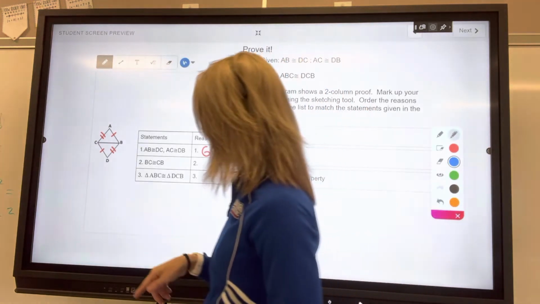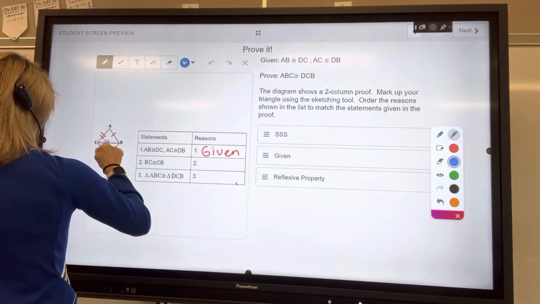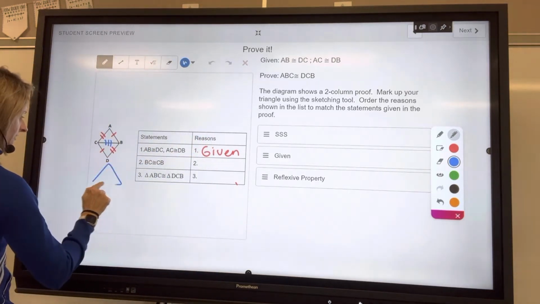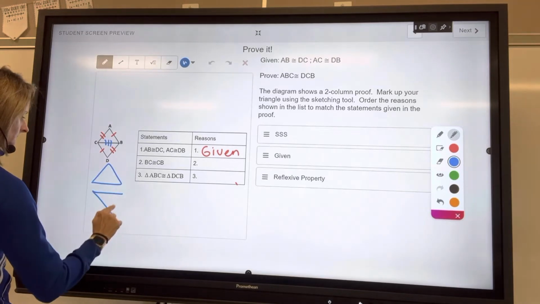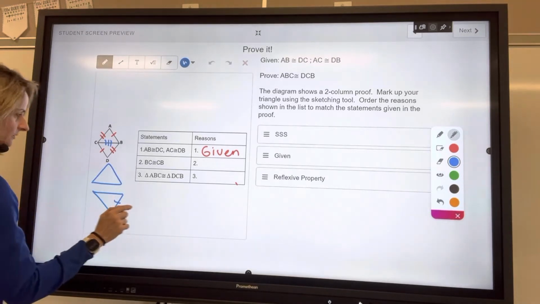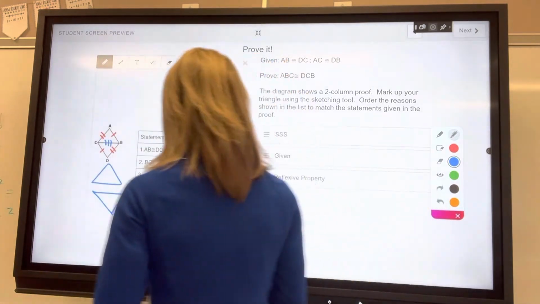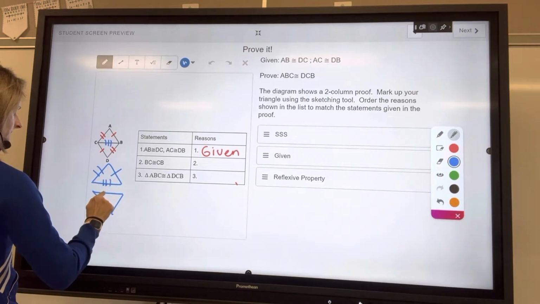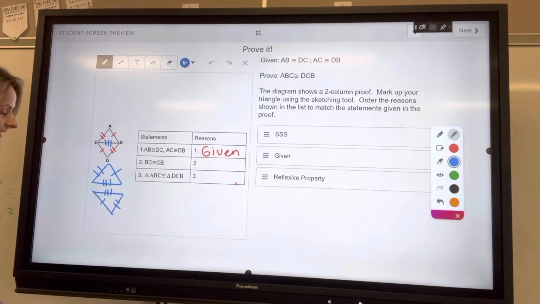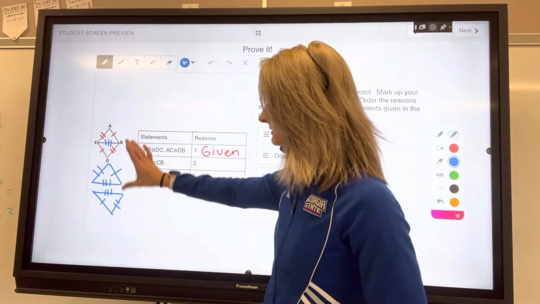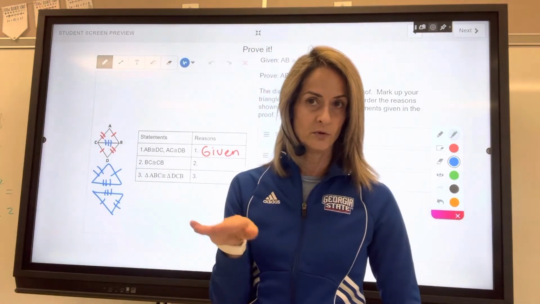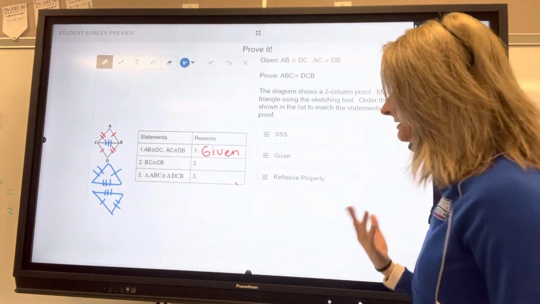So I'm going to put 3 marks on that one because I know if I were to separate these 2 triangles and draw them separately, like the top one here and the bottom one here, and just put all the marks again, it would look like that, okay? We don't need to go through all that. That's what I'm doing when I put these 3 marks here, because that side is definitely the same length in both of those triangles.